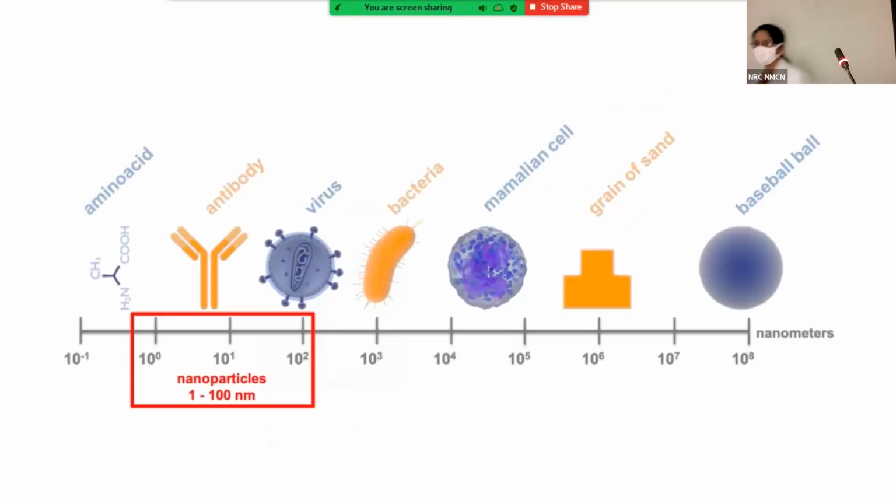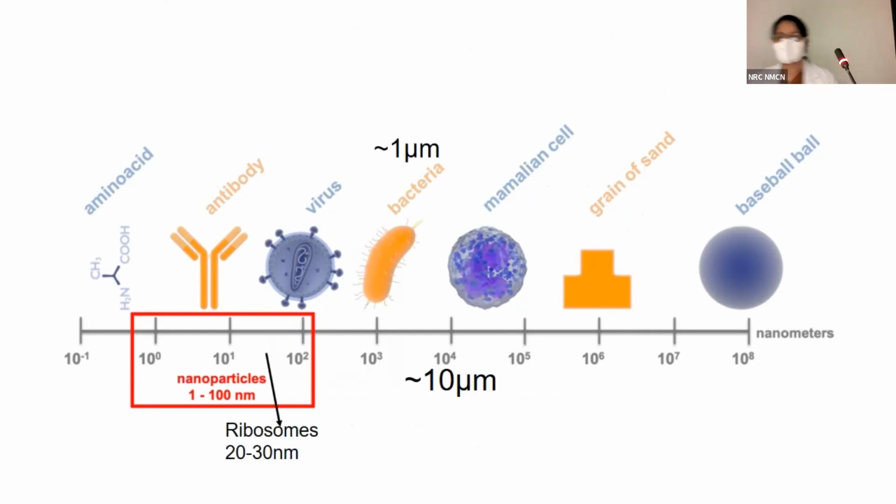Okay, this is just to give you a feel of the size difference for different cells so that you understand what we are looking at. So when we talk of a mammalian cell, this is a neutrophil. We can say it is around 10 microns.